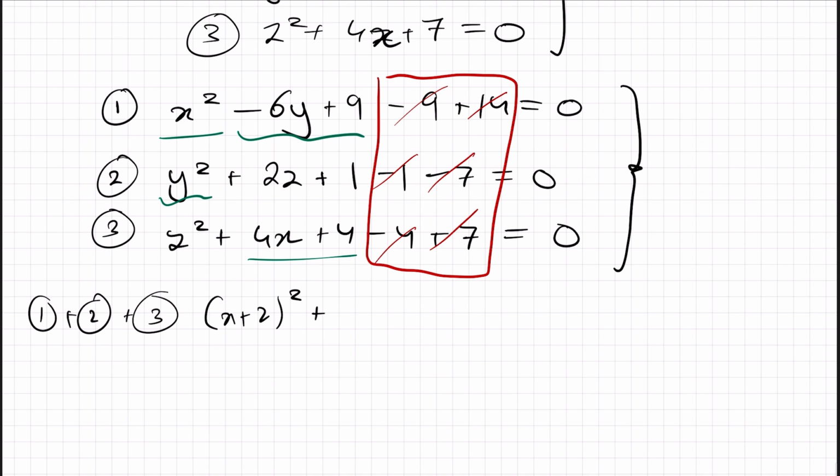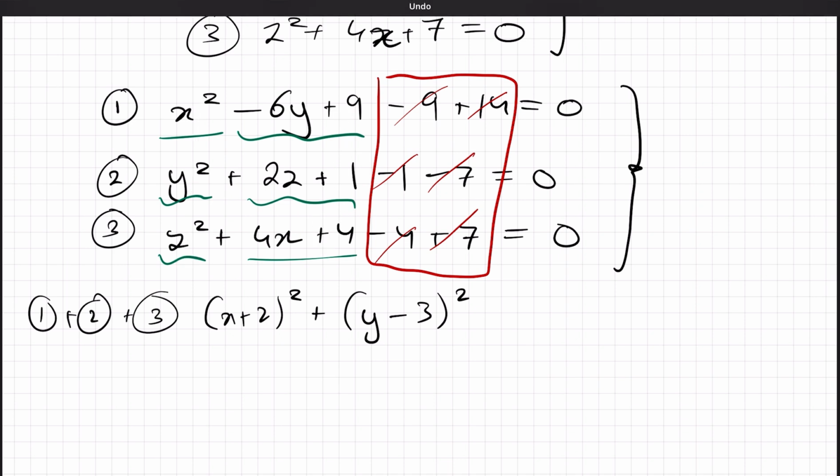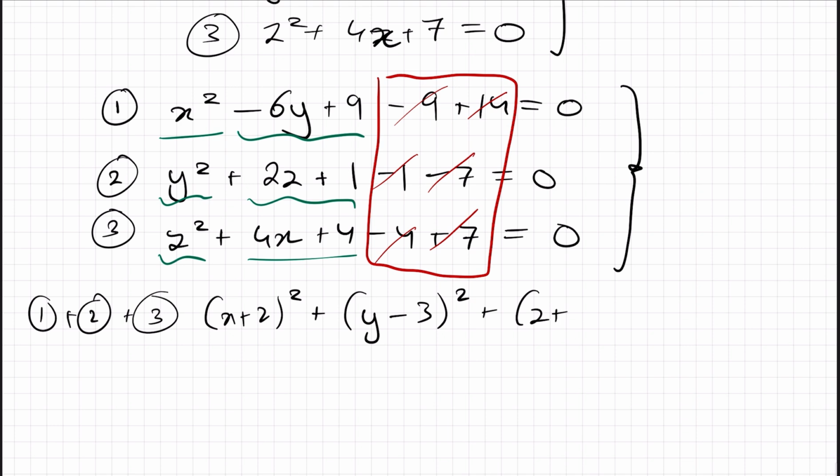So when you turn it into a perfect square, that's just going to become y minus 3 squared. And finally, when you have the z squared and the 2z plus 1, when you combine them by adding them all down, that's just going to turn into z plus 1 squared. And we've already shown that it's equal to 0.